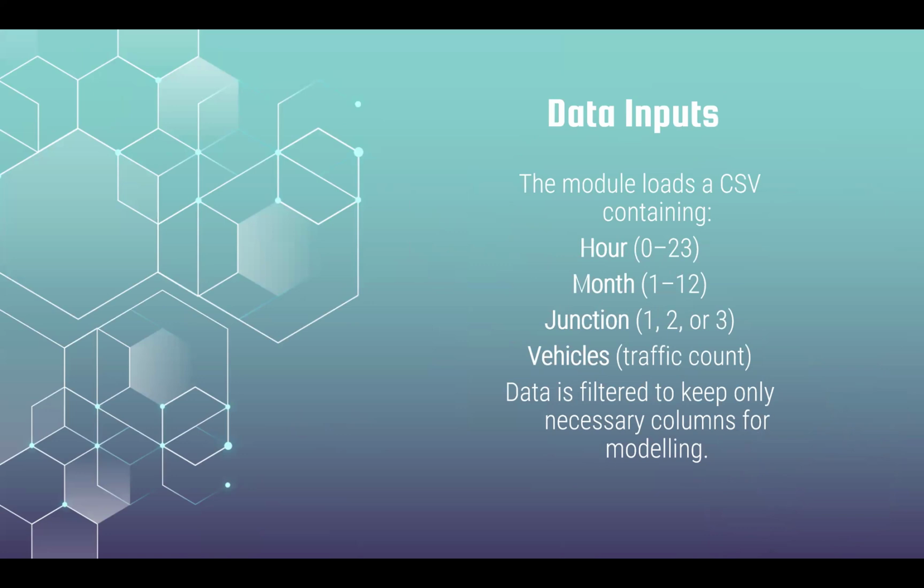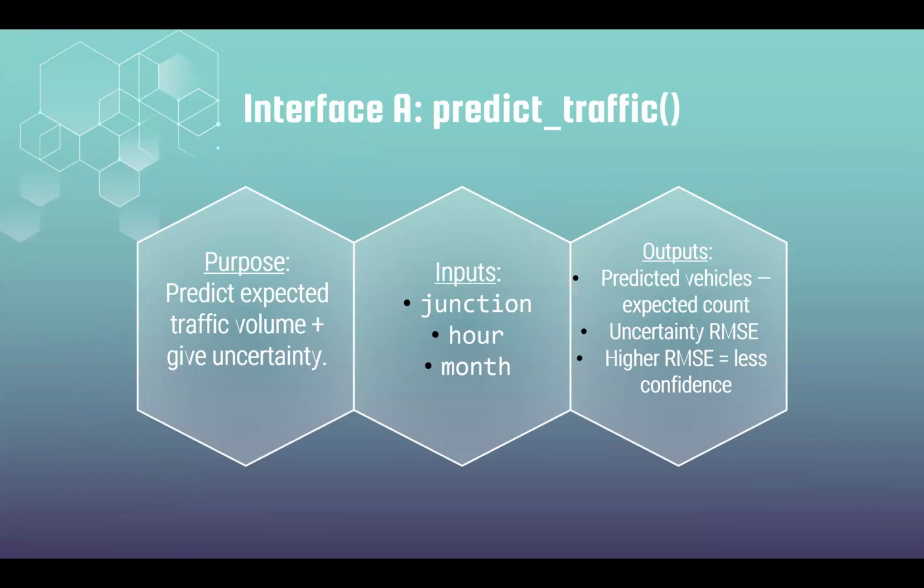The data inputs that were used were, of course, to load our CSV with our data frame information. We used the hours, the month, and the junction to predict the vehicle traffic and also to add extra information to the previous data frame. The purpose of interface A was to predict the traffic, and we did this by using our multi-polynomial regression.